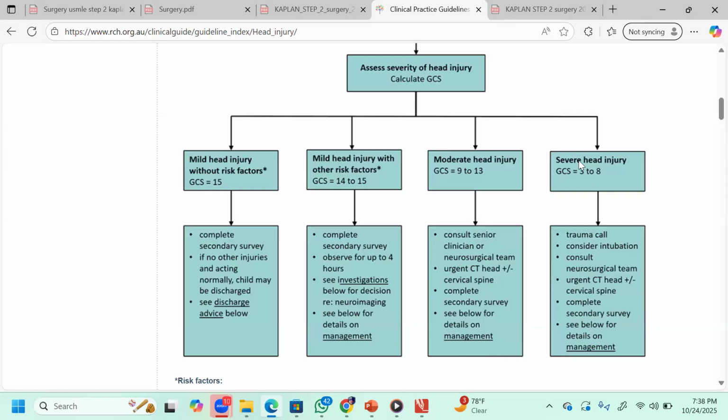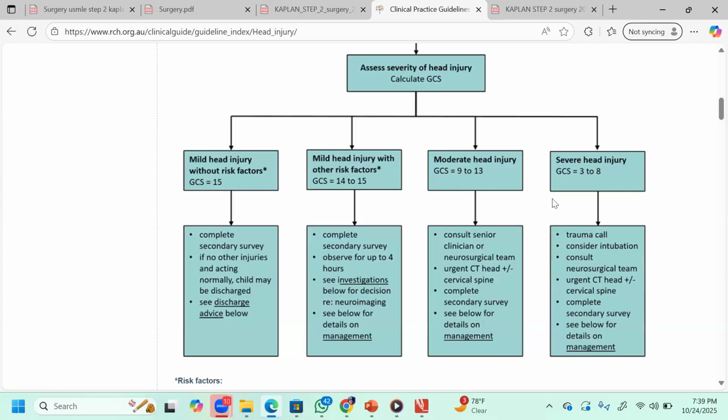If GCS is between 3 to 8, call the trauma center and consider intubation. Okay. So intubation as well, because we discussed that if the patient's airway is compromised, you have to go with intubation. Consult always with the neurosurgical team, urgent CT scan, and the cervical spine X-ray, so the things are the same.